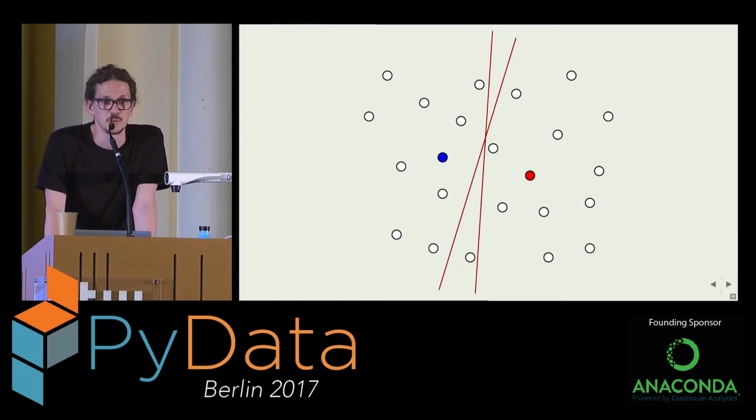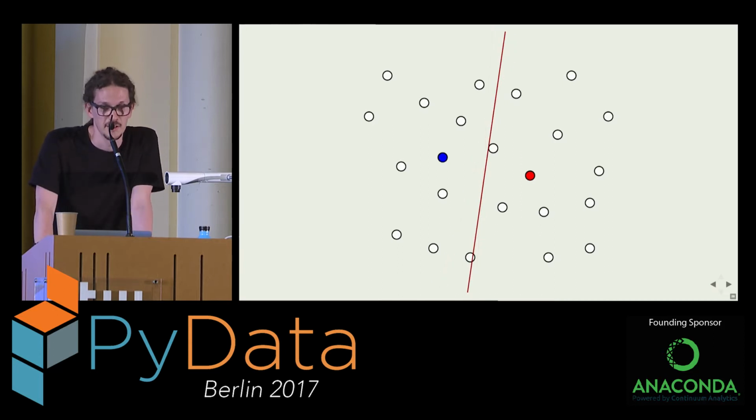Or maybe we have something else. We have an ensemble of models that make the decision. So we have two decision boundaries here, and maybe the disagreement between the two models is our interestingness criterion. So the little data point at the bottom might be of interest. Or let's do something completely different.